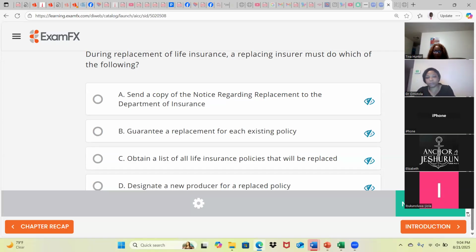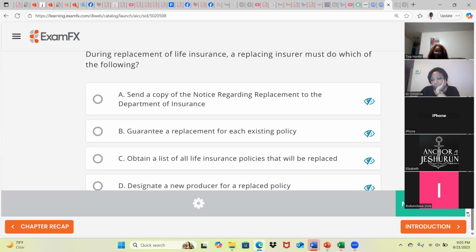Yes, that is true. And the reason why they need that list is that the insurance company has to send a list to the Department of Insurance of policies that are being replaced. So both are right.